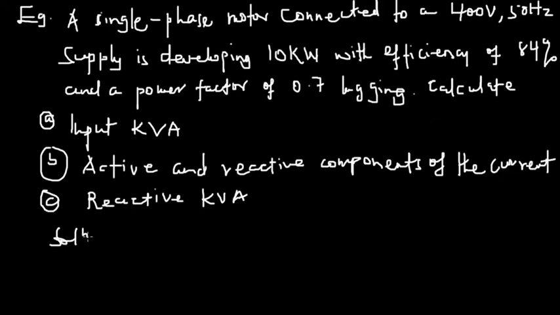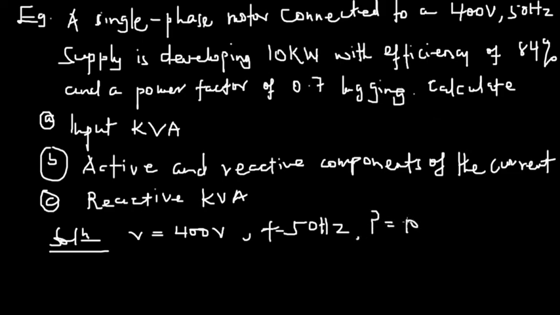Right, so let's dive into finding the solution to this question. This is very, very simple and straightforward. Let's write out our parameters. We have a voltage of 400 volts, a frequency of 50 hertz, and power, our active power, of 10 kilowatts.